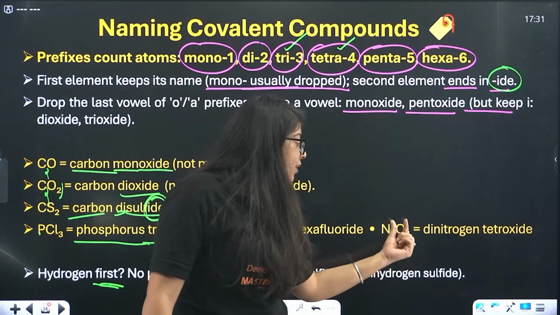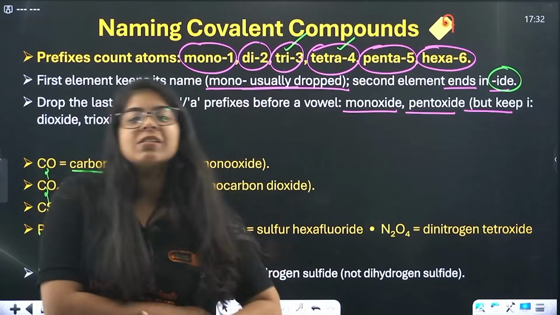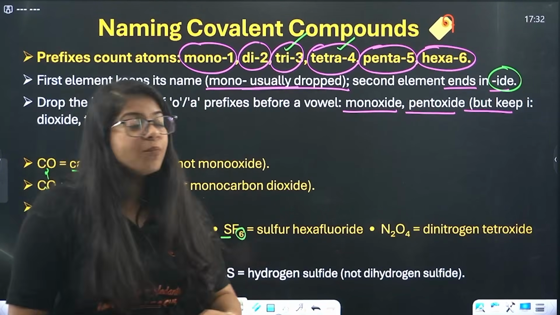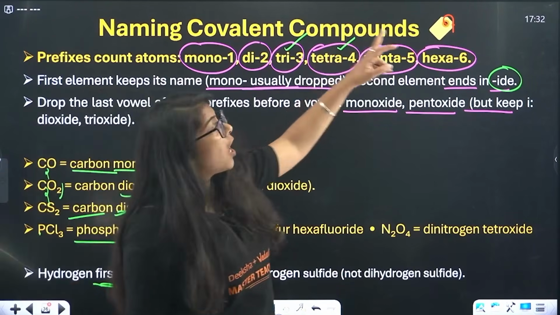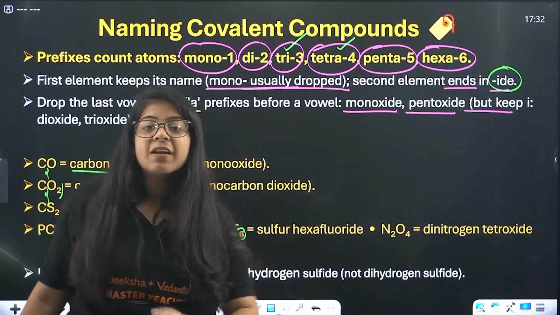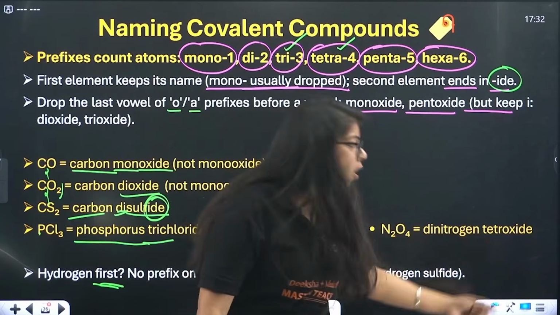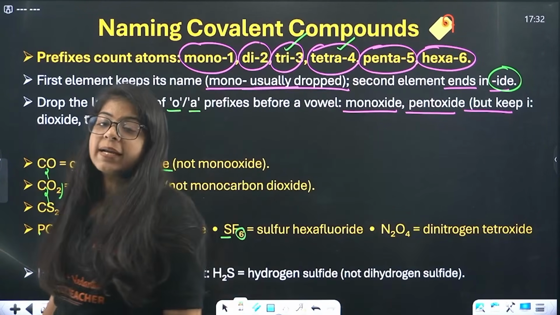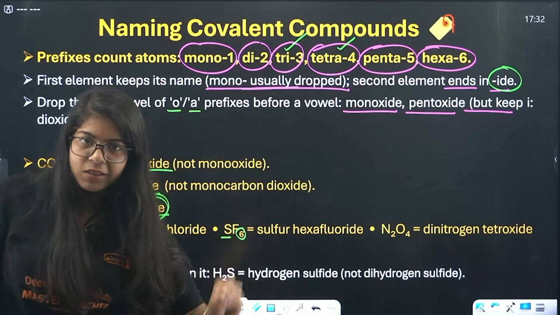Dinitrogen tetraoxide. Okay. So, because they said drop the O and A, we won't write tetraoxide, we write tetroxide. Dinitrogen tetroxide. Understood? All the rules, all the names, clear, right?